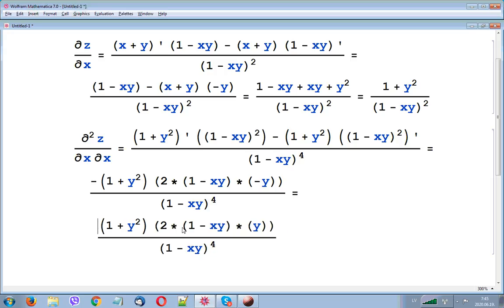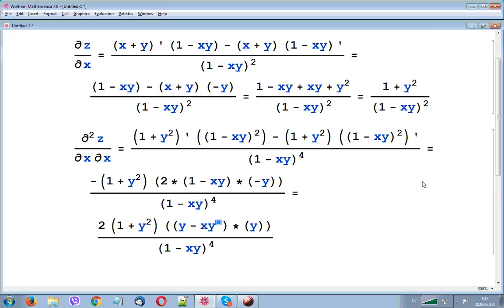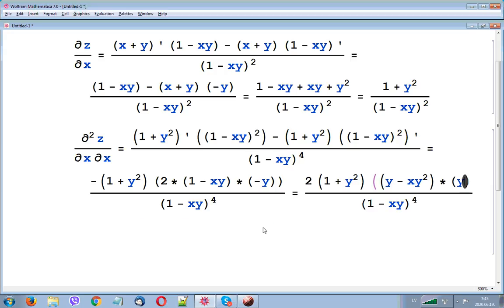Then here we can have 2 before, and here we will have y minus xy squared, and this y will disappear. So, and now we can multiply these two guys, and then we will receive the task. So it will be standing like it is.